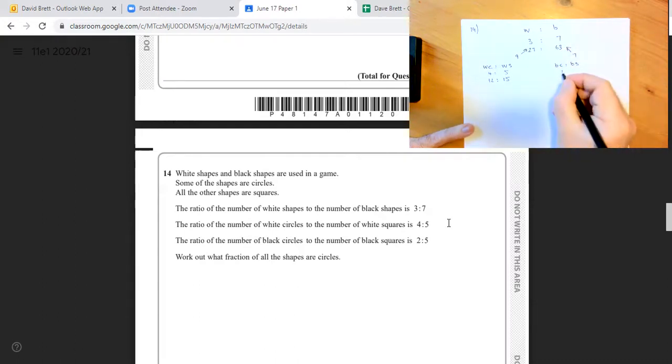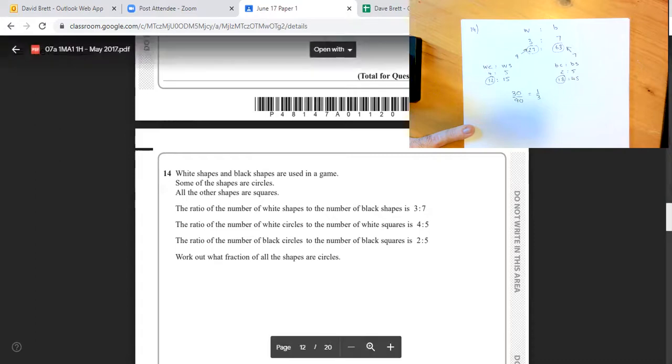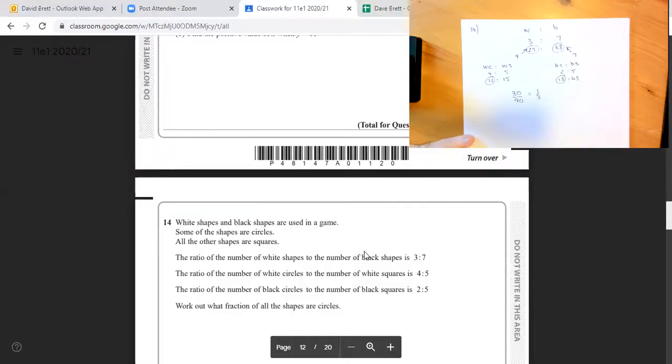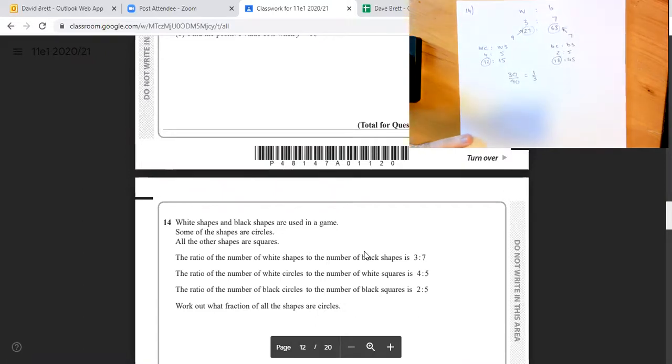So if I multiply the 2 to 5 by 9, I'd get 18 to 45. So the fraction that are circles is 12 and 18. So it's 30 out of 90, which is 1/3. I'm sure there's more than one way to do that, but that's the way that I saw it this time. I'll probably do the question again and see it a different way.